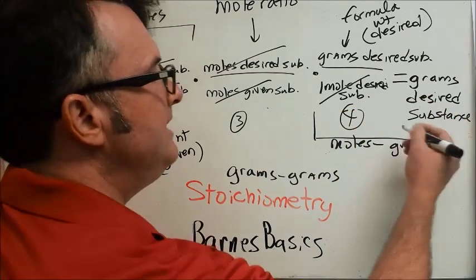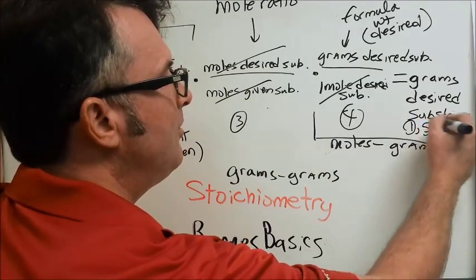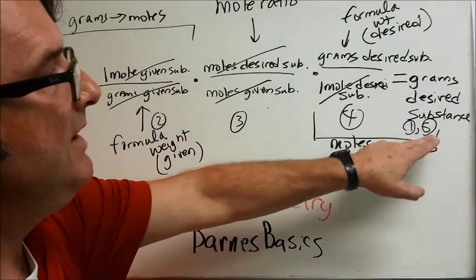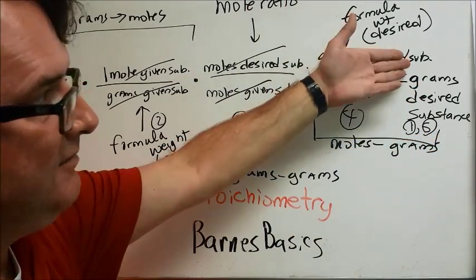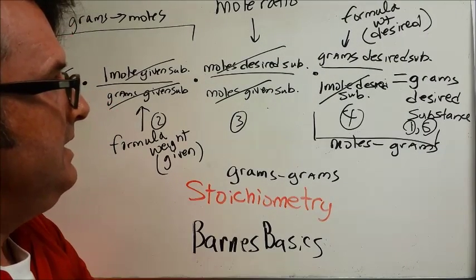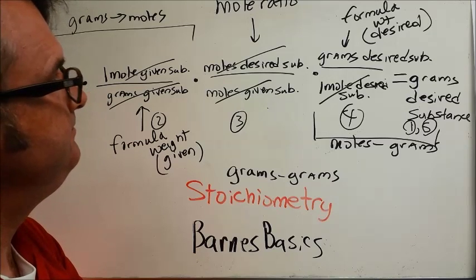So in effect, this one is actually 1 and 5. Number 1 in that we write down the unit we're trying to achieve here, but then fifth, we write the numerical value for the answer to the stoichiometry problem.